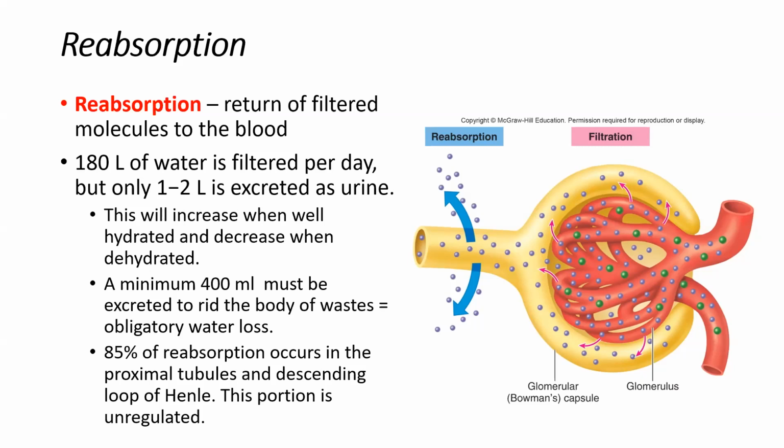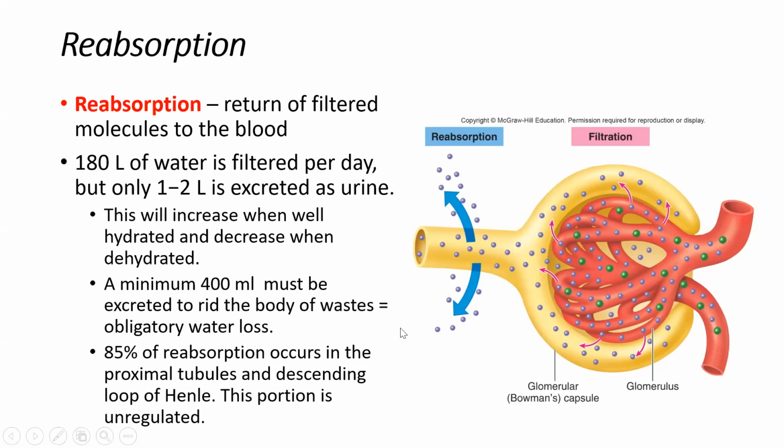Even if I'm in my most dehydrated state, even if I'm drinking absolutely 0 water, every day I must excrete 400 milliliters of urine as a means of ridding the body of waste. Otherwise, I'm going to get into toxic states because I'm holding on to that waste. So that is called your obligatory water loss, a minimum of 400 milliliters.